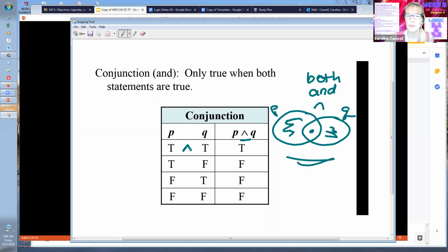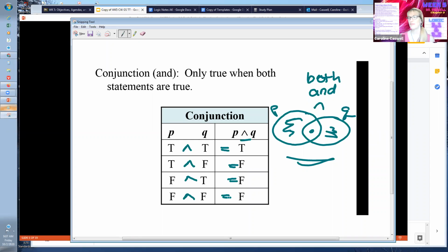These 2 become false, and these 2 stay false. So the idea is, think of Venn diagrams. The only one that's true on an and is that middle section, the overlap, where they're both yeses. It's a very particular setup.